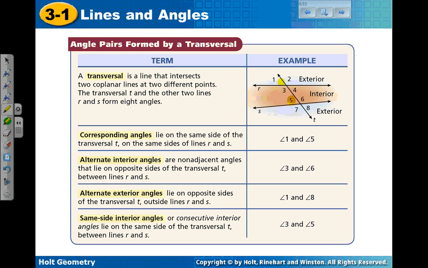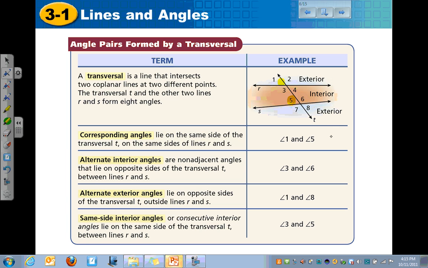Now, there are other corresponding angles that you could mark. 2 and 6 are corresponding to each other. 4 and 8 are corresponding to each other, and 3 and 7. So you might want to add all of the corresponding angles along with this figure in your notes, just so you're getting a feel for what the names of these special angles are, because you're going to need to know them.